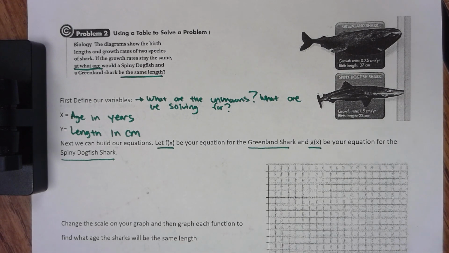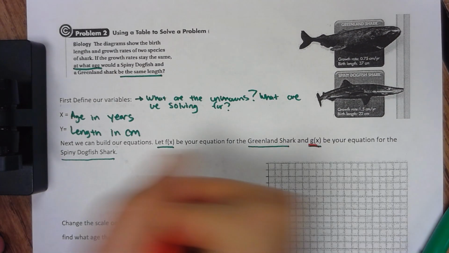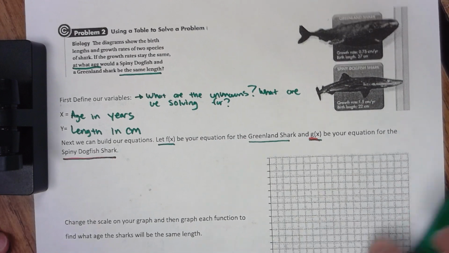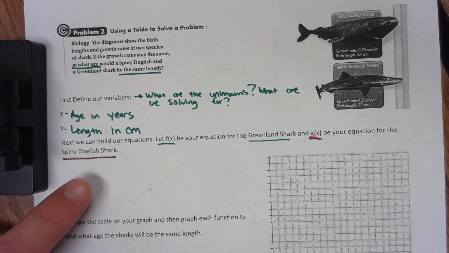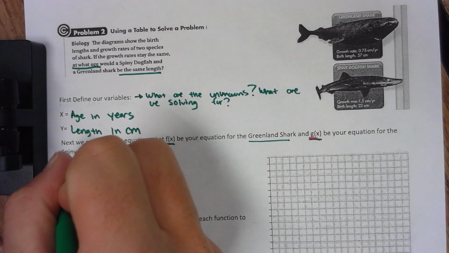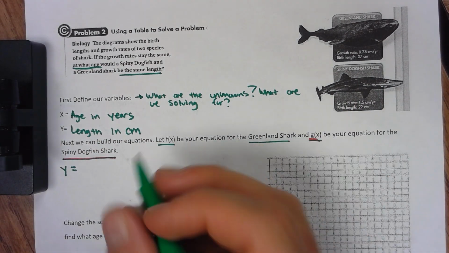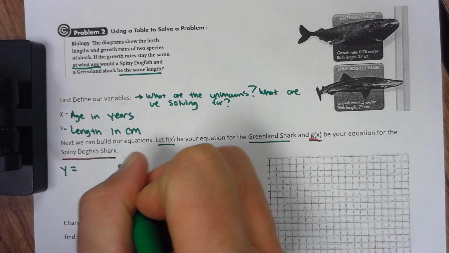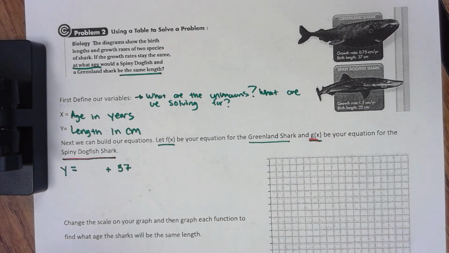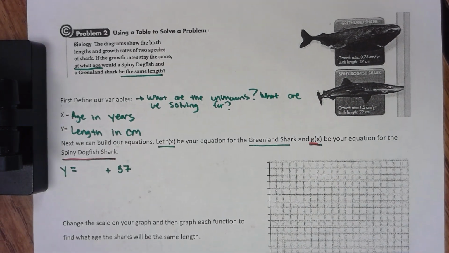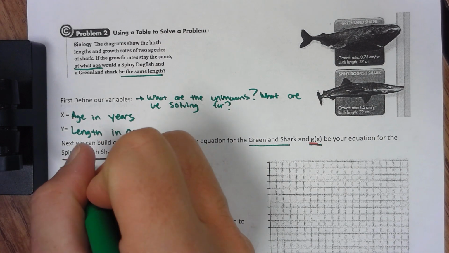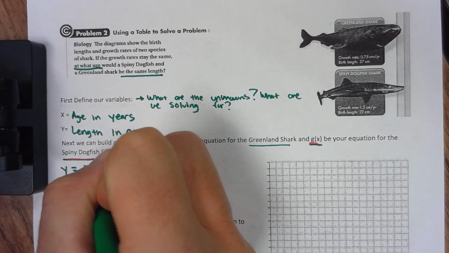So starting with the Greenland shark, and I'll do that in red, we know that the length of the Greenland shark, which is y, well, it starts at 37 meters, and then we're adding on how much it grows each year, which is 0.75 centimeters per year. So 0.75x, right?